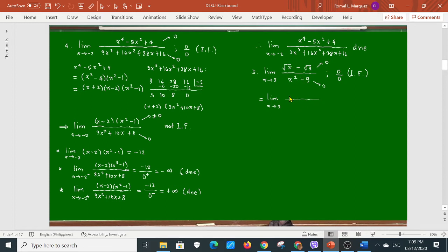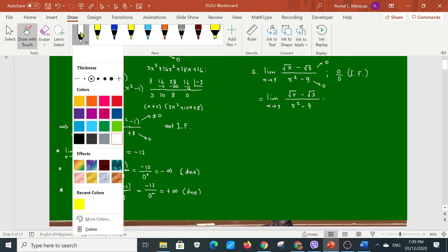This is the square root of x minus the square root of 3 all over x squared minus 9. So we multiply this by what? What is our multiplier? What radical is that?